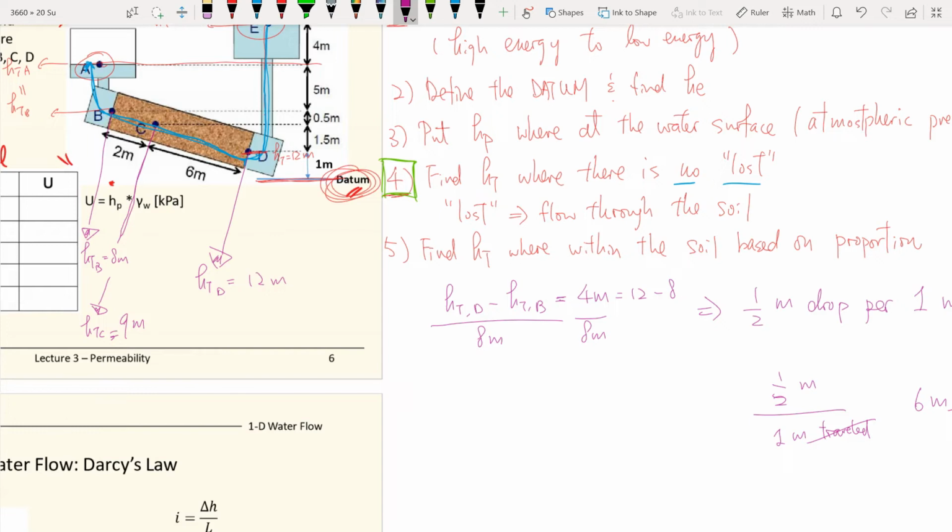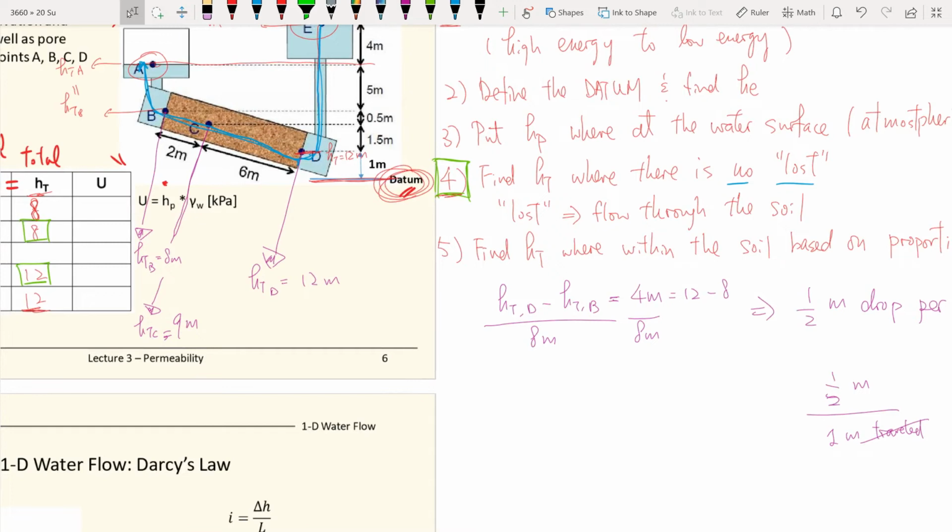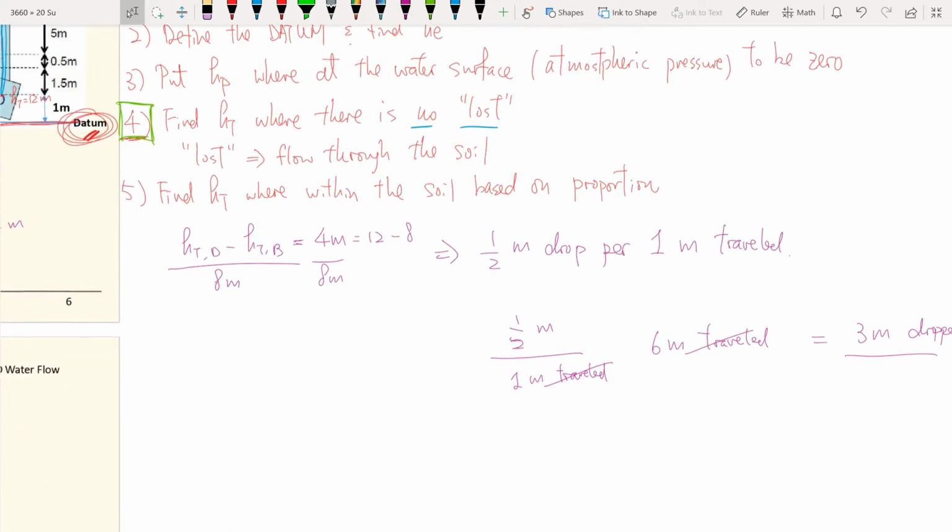Type of soil means like clay or sand or whatever. So now we only have a standard, homogeneous soil, so the soil properties are constant. That's why everything drops linearly, and we can take advantage of the proportions. And according to this configuration, we calculated that you would drop half a meter for every meter traveled.